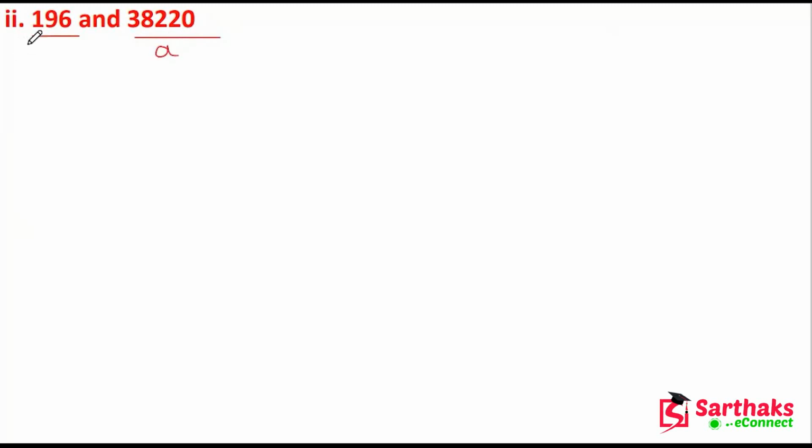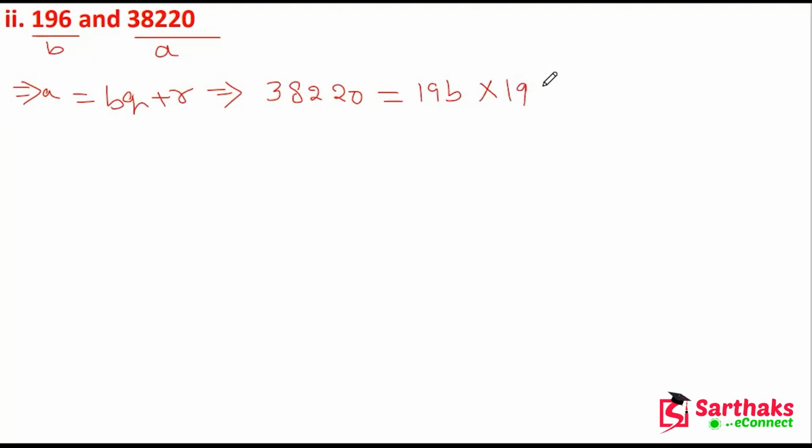This is our A and this is our B. By Euclid's division algorithm, A is equal to BQ plus R. So 38220 is equal to 196 times 195, plus remainder 0.